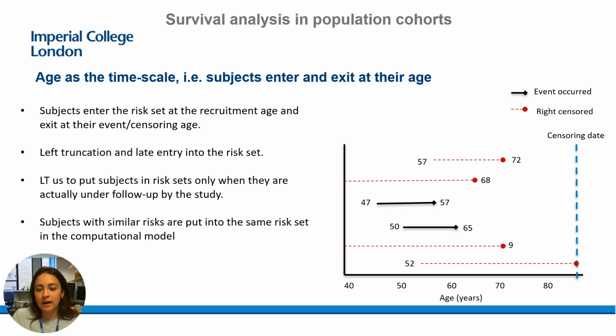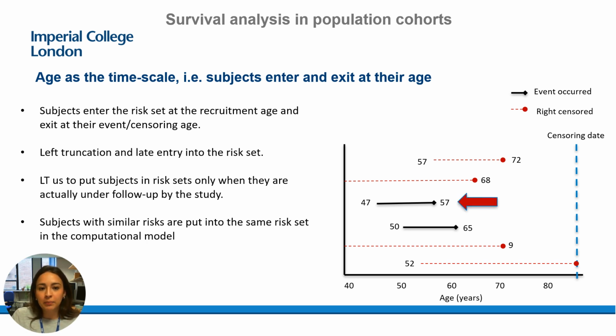We can therefore account for left truncation and delayed entry using this method. Left truncation allows us to put the subjects in the risk set only when they're actually under follow-up by the study, which is necessary when age is the timescale. So again, just like in the previous method 1, let's run through a simple example to help you understand it a little bit better.